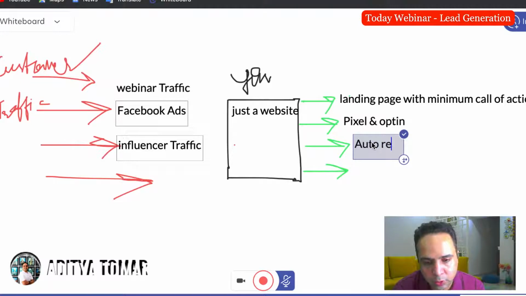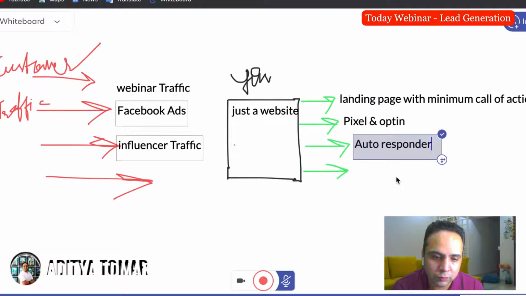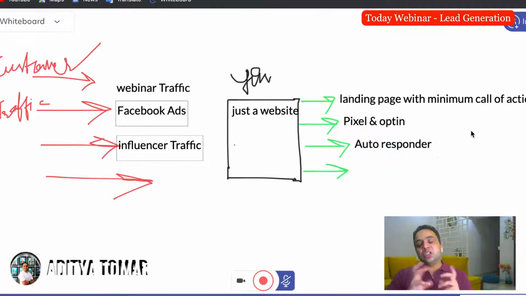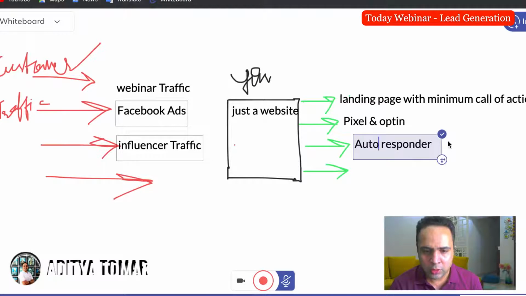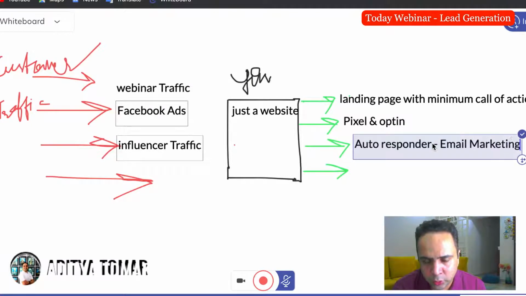The nurturing should be done using an autoresponder, or you can say an email marketing tool, email plus SMS.